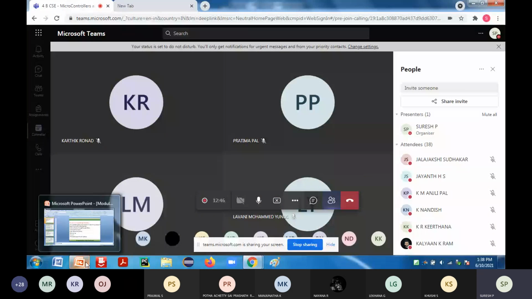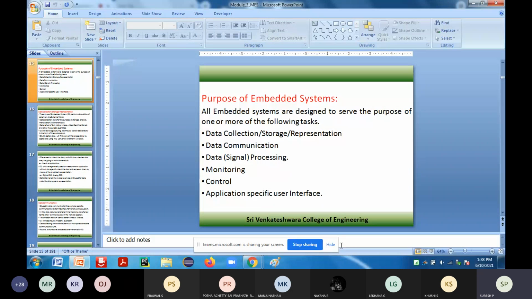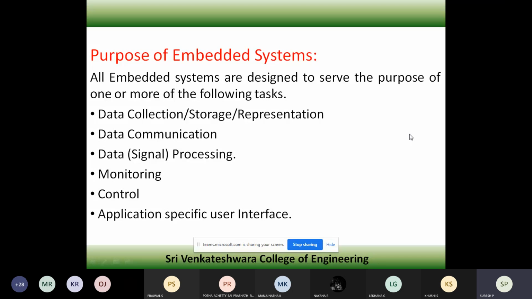So now, in the last class we discussed data collection or storage and representation, data communication, data processing or monitoring, control, and application specific user interface.